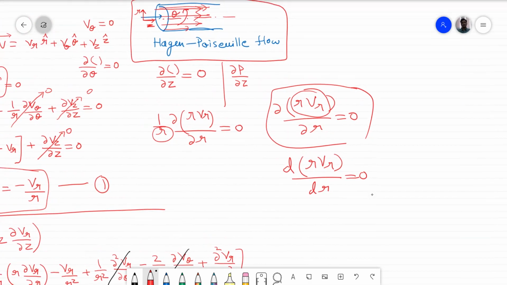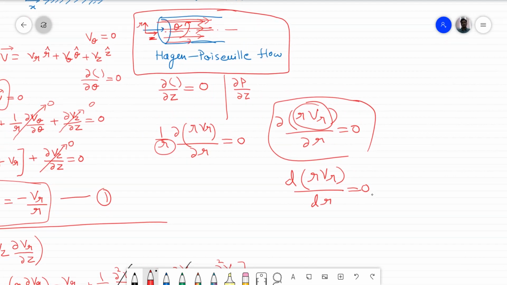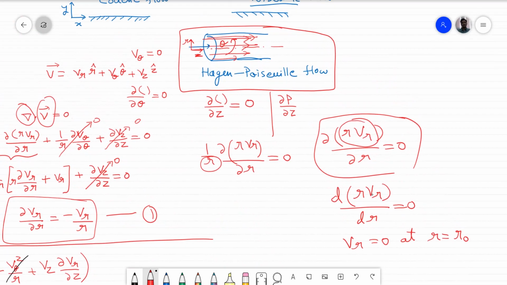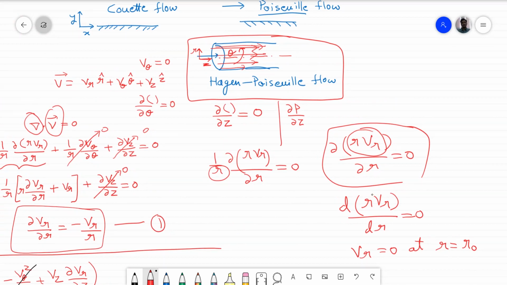All right, now if you go to a wall, you know that because of the no penetration condition, as we discussed earlier, Vr has to be 0 at the wall. So Vr is equal to 0 at r equal to r naught, if the boundaries are located at r equal to r naught.